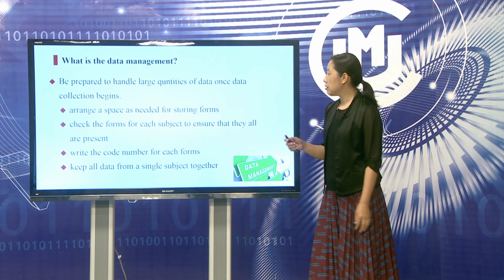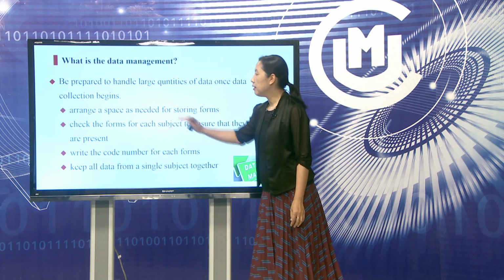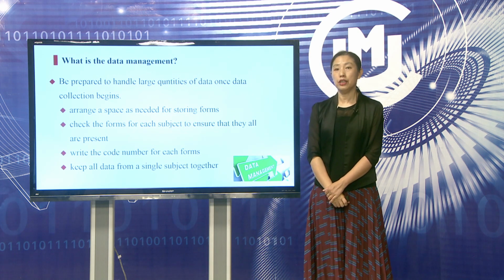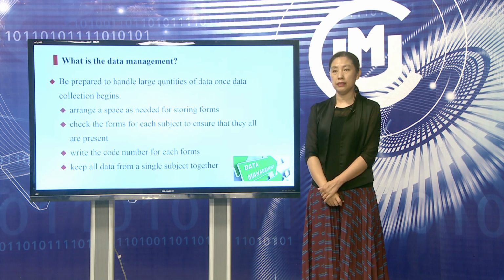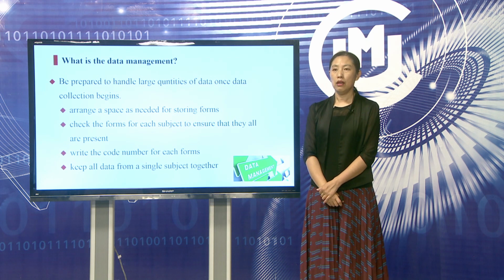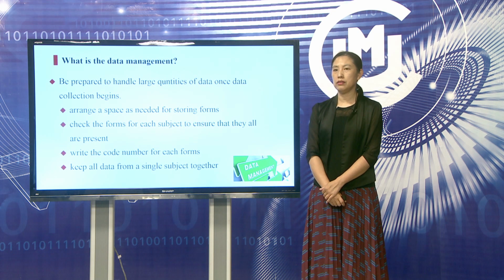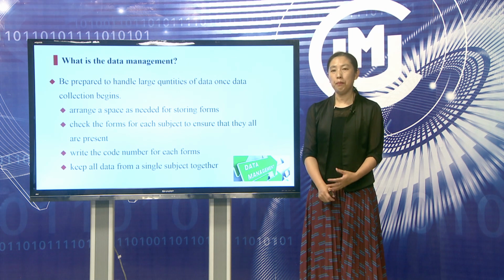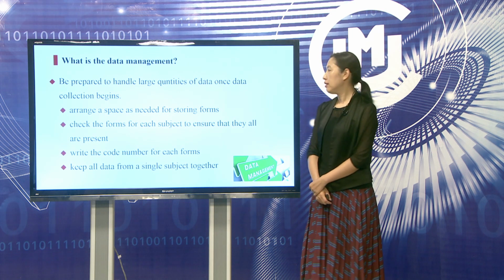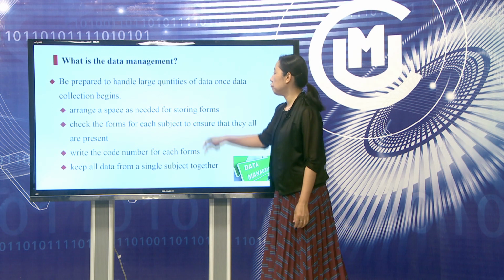For data management, first you need to arrange a space as needed for storing forms. For example, we usually have many questionnaires and many forms, so you may need a bigger, safe place to store all these forms.